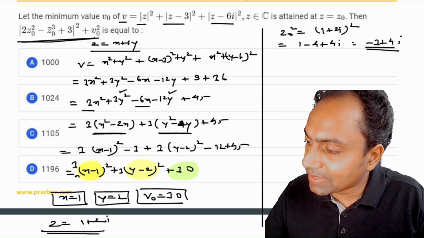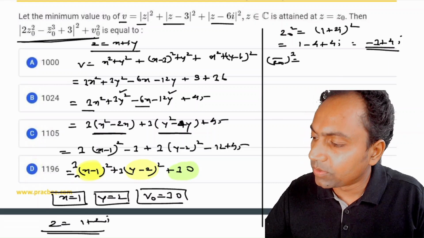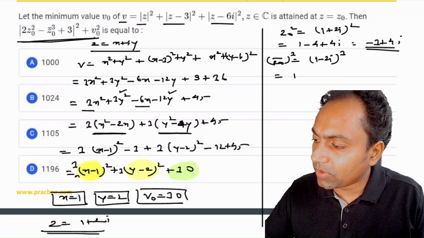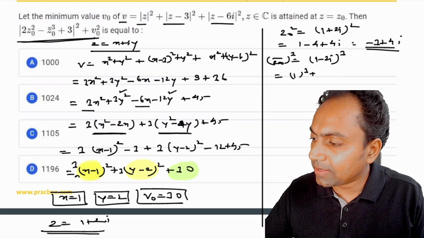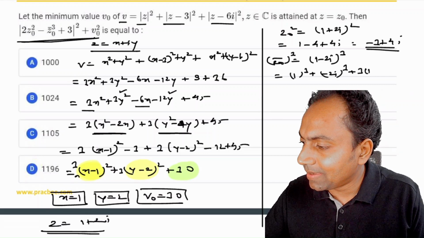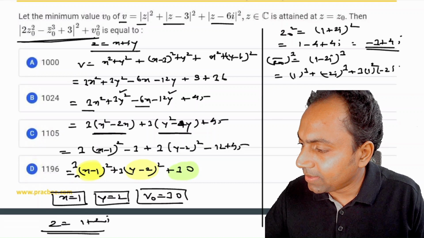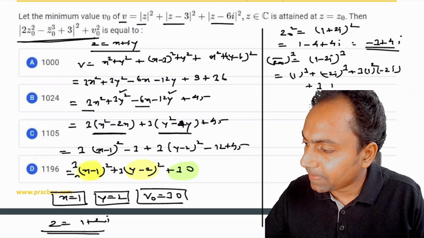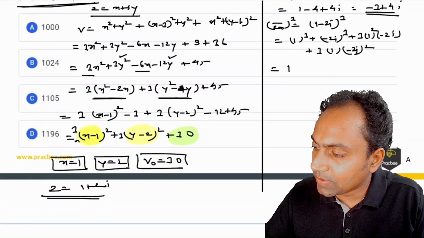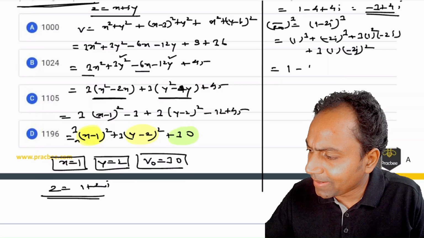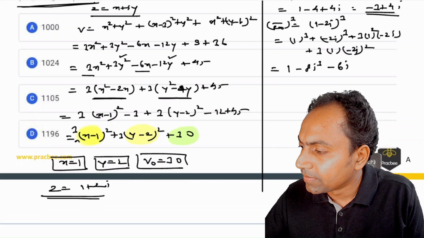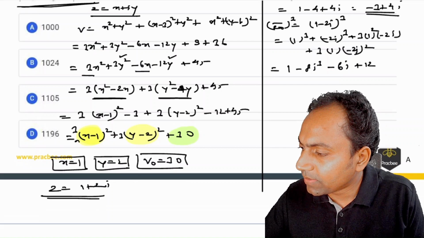Another part is z naught bar and then cube. So if I put bar, it is 1 minus 2i, then whole cube. Now if I apply the formula a cube plus b cube plus 3a square b plus 3a b square, and simplify this, it will become 1 minus 8i cube minus 6i and then finally 12i square.